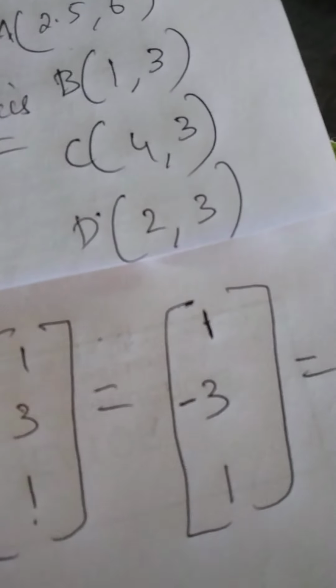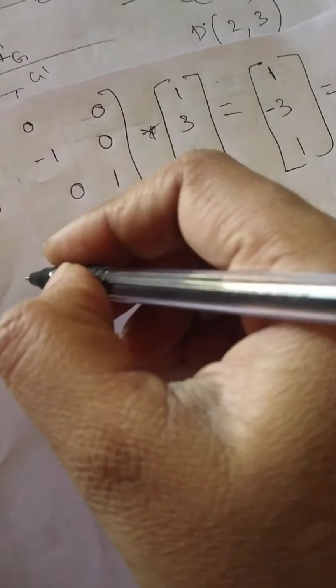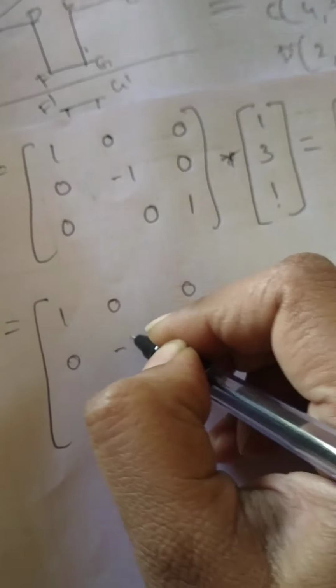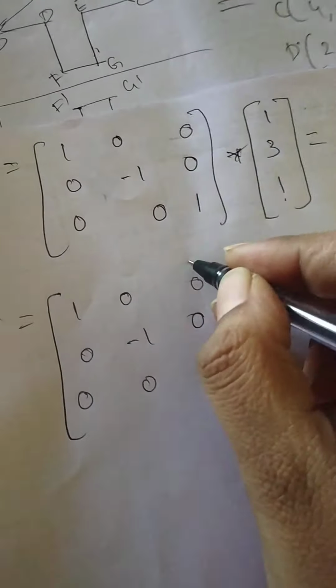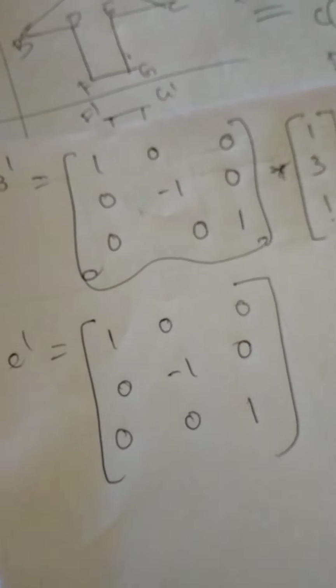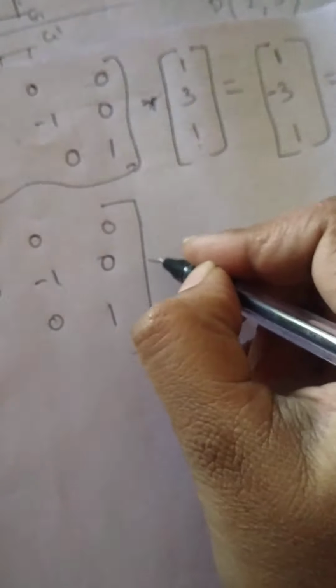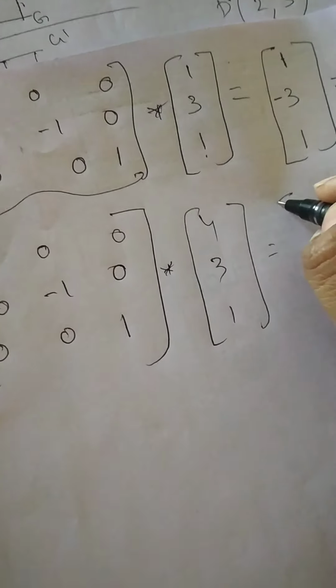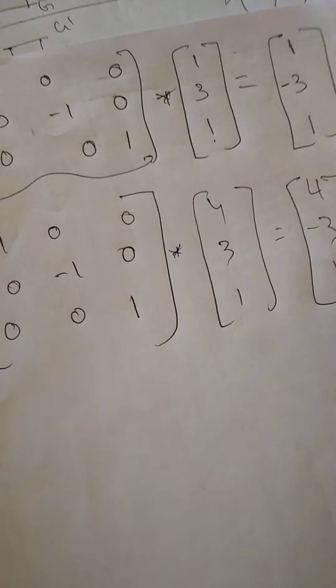So the B dash values become 1 comma minus 3. In the same way, if you take C, C is 4 comma 3. So C dash is equal to 1 0 0, 0 minus 1 0, 0 0 1. This matrix is nothing but your reflection matrix. This is your 4 3 1, the coordinates of C. Multiply these two matrices, you get 4 minus 3 1. So in the same way, 4 comma minus 3.